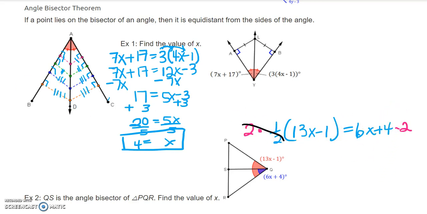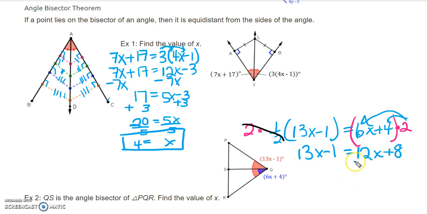But now that distributive property has shifted over to the 6x plus 4, because now I'm going to multiply everybody by 2, which is better than having decimals. So I am left with 13x minus 1. And now I'm going to distribute the 2. I have 12x plus 8.